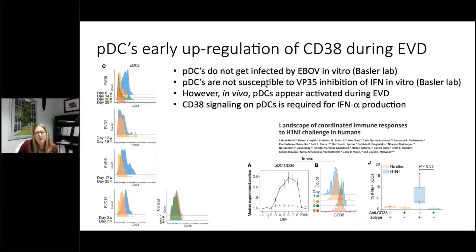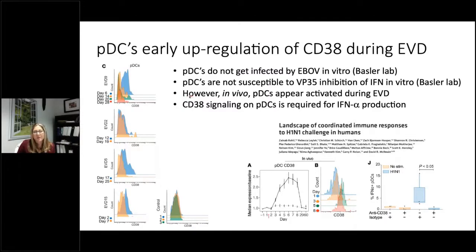And PDCs are also not susceptible to VP35 inhibition of interferon. VP35 is a protein made by Ebola that's known to inhibit interferon, and it does so in every other context except in PDCs. So the conclusion from this data was that perhaps PDCs didn't really play a role in Ebola. And I would suggest to you that our data are considering that might not be the correct interpretation.